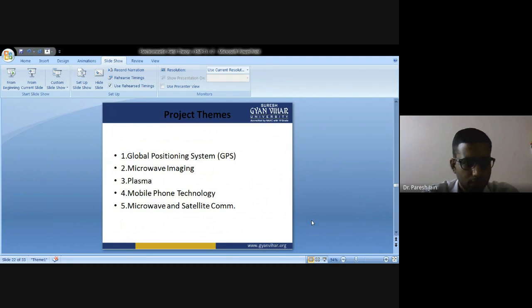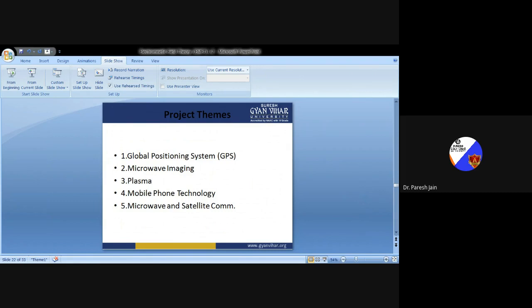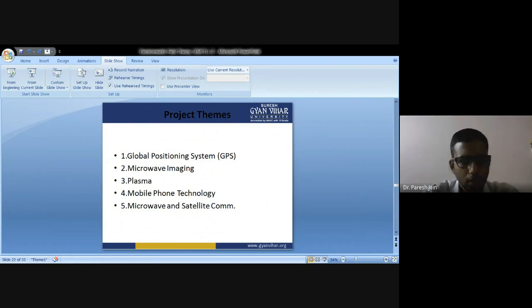Fourth, mobile phone technology. And fifth one is microwave and satellite communications. So these are the related projects regarding our lectures on the basic concepts of electromagnetic field theory.